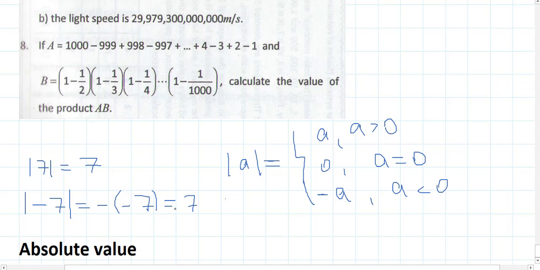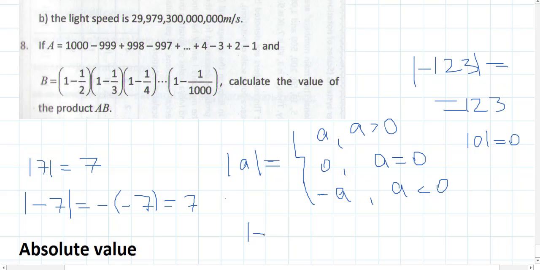For example, the absolute value of minus 123, this is 123. If it is the absolute value of 0, it is just 0. And in the other case, we have positive values. So this is the definition of absolute value, and we can consider any examples.